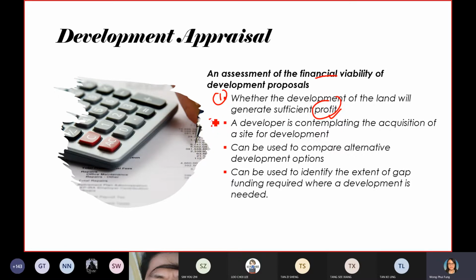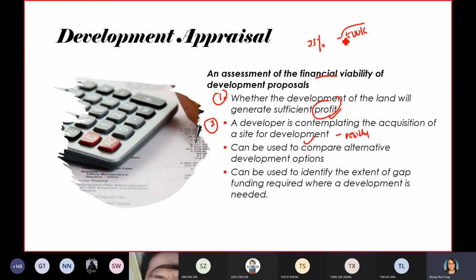Okay. Second, a developer is contemplating the acquisition of a site for development. So this is actually referring to the residual method. Sometimes you already know your target return, so basically you want to know the maximum land cost you can negotiate with your landowner. Just like what I discussed with you just now, if you input 25%, your land cost will be 500,000.